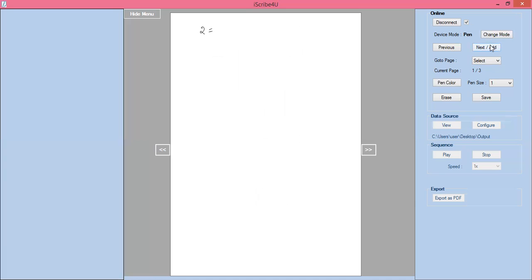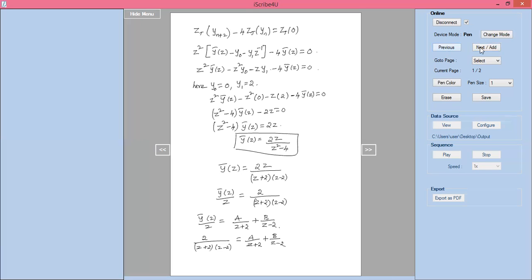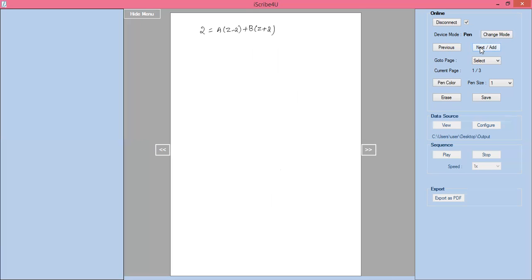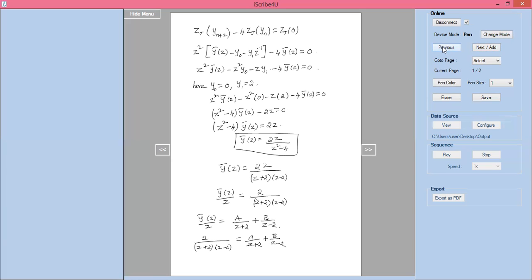We'll write it like this. Now, this I'll take as equation number 2, and the previous one I'll take as equation number 1.